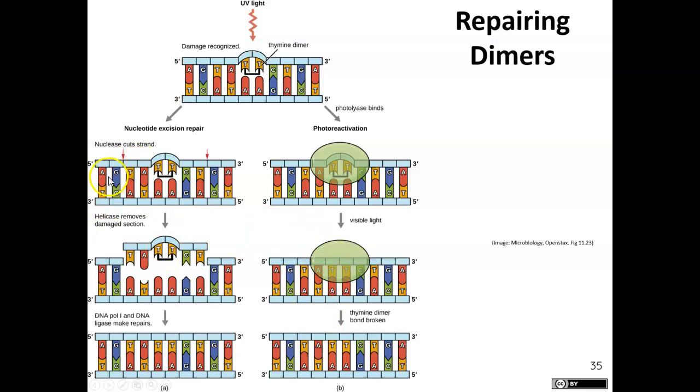And DNA polymerase will recognize this mutation and cut out the damaged region. Helicase will cut out the material, DNA polymerase will then add new nucleotides, and then ligase will seal everything together.